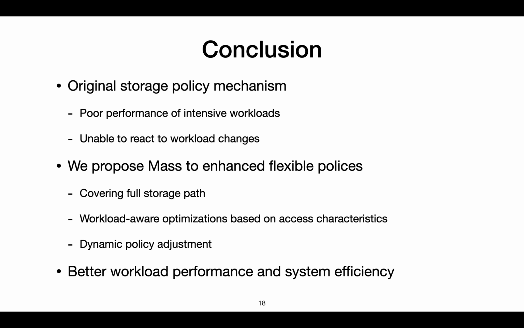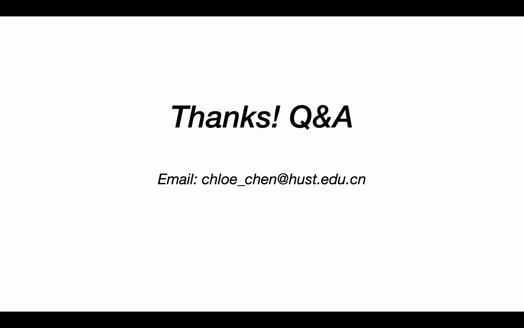In addition to controlling the forwarding path, it also controls the processing path of the request and provides workload-aware performance optimizations based on the access characteristics. Moreover, by separating the policy control from the data plane, the policy mechanism becomes flexible to enable the dynamic adjustment of policies during runtime. Finally, compared with the existing storage policy mechanism, MASS achieves better workload performance and higher system efficiency. That's all for my speech.